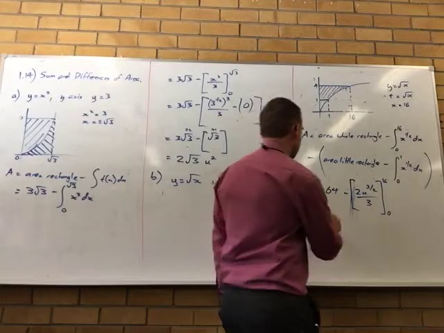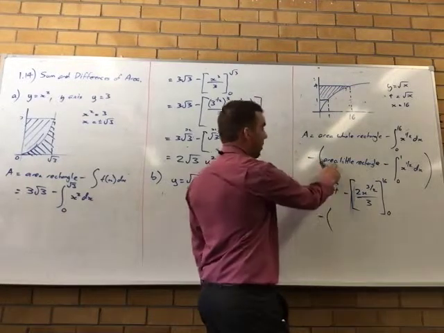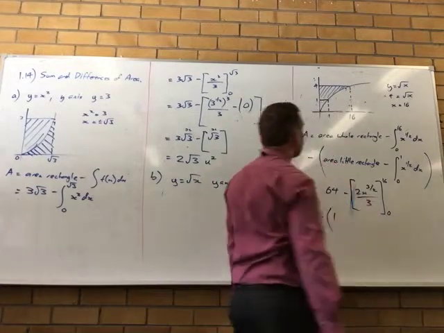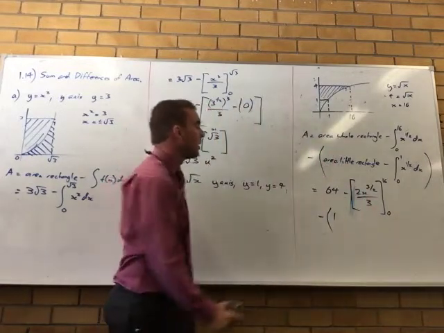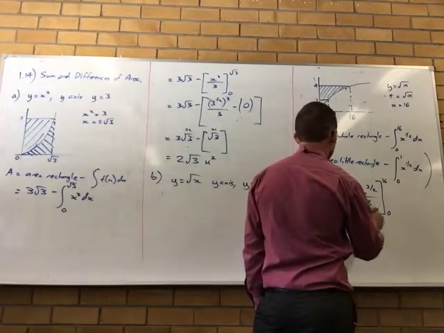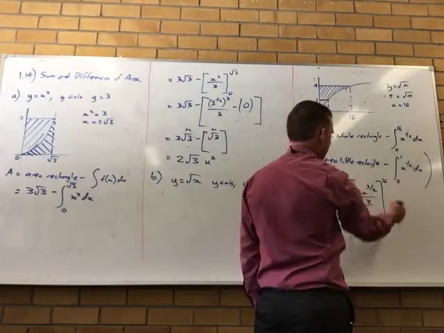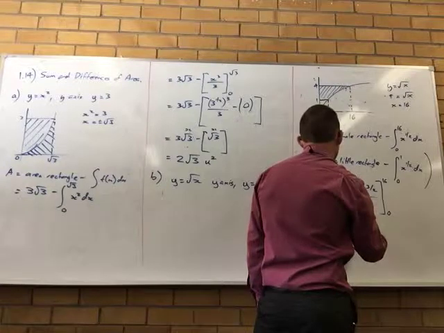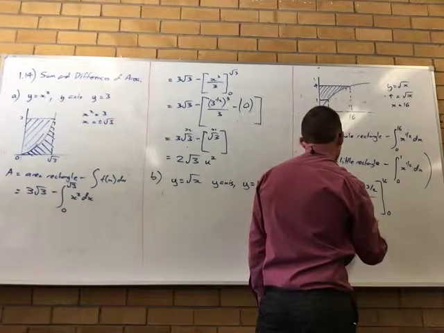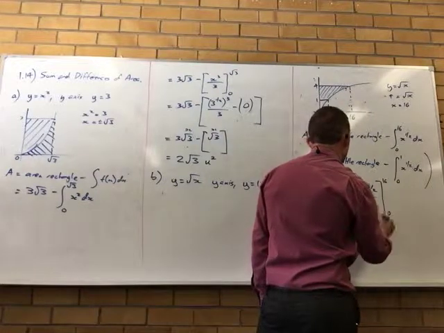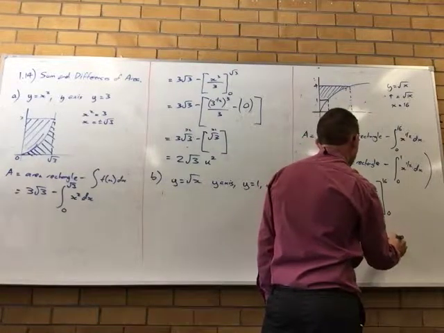Alright, so take away the area of the little rectangle, which is a square. 1 by 1 is 1. Minus the integral, sorry, I should have done that again. The same thing here, but the end point is going to be from 1 to 0. So minus 2x to the 3 over 2, all over 3, from 1 to 0.